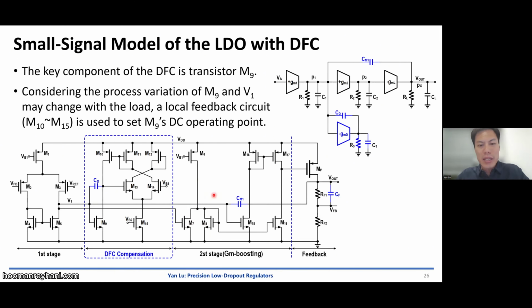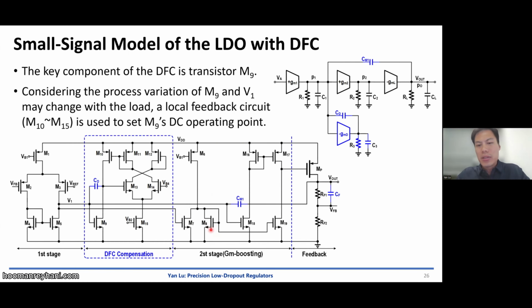It has one more stage, right? M7 and M8 are formed from gate to gate. We have one more stage. But the added pole is at high frequency, because here it is 1 over GM. The resistance of this pole is related to 1 over GM, which is a high frequency pole.